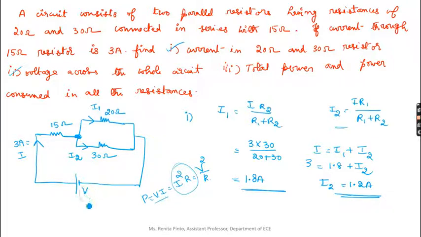Because you have only the main voltage here. If you are going to use this equation, you will have to find out what is this voltage, what is this voltage again. Only then you can use this type of equation where you have to substitute voltage, or else you can't use it. So the simple thing you can do is directly use this equation.